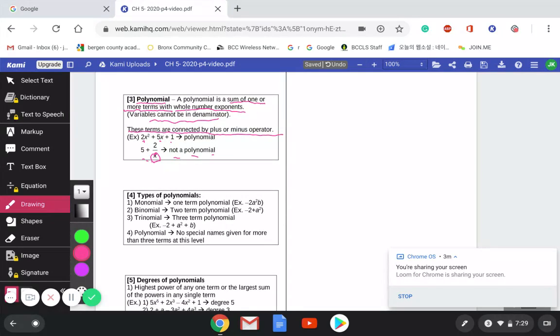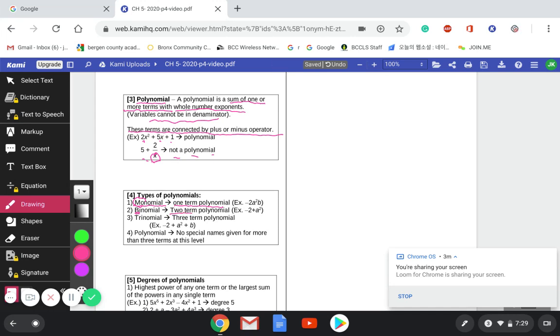Now then, what kinds of polynomials are out there? There is something called a monomial. As you know, mo means one, so a one-term polynomial, like negative 2a squared b, is a monomial. Binomial, bi means two, so it's a two-term polynomial.